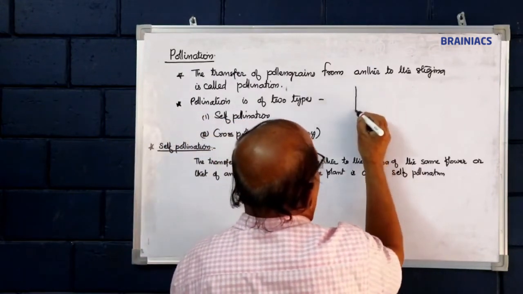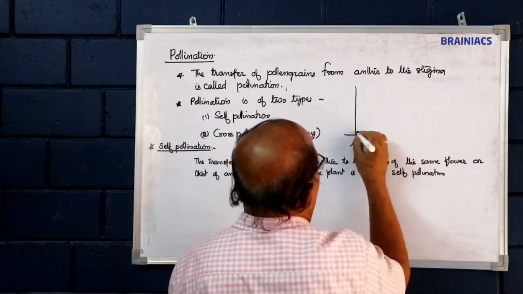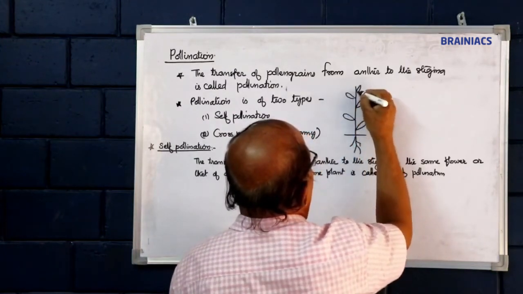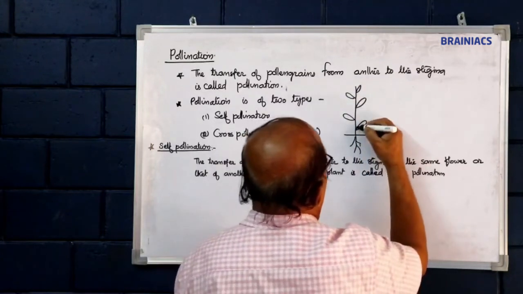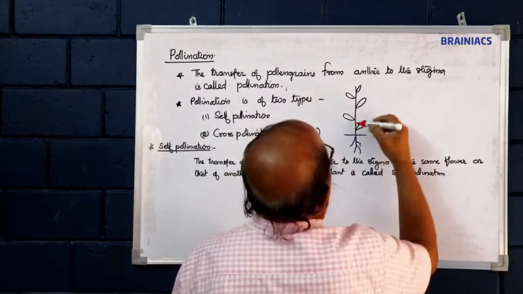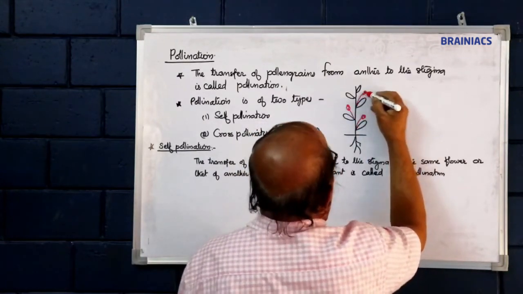Suppose this is a plant. It produces beautiful flowers. See, these are all flowers.